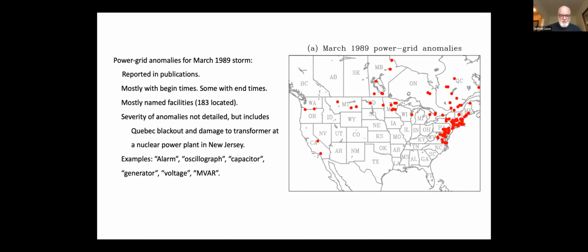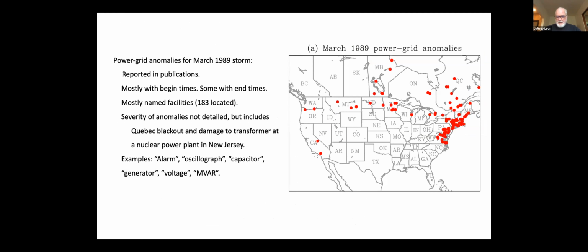All right, so I spent some time recently compiling what the power grid industry calls anomalies. These are reports of problems in power grid systems. And I've done that for several storms, including the 1989 storm. All of these reported anomalies were in publications.